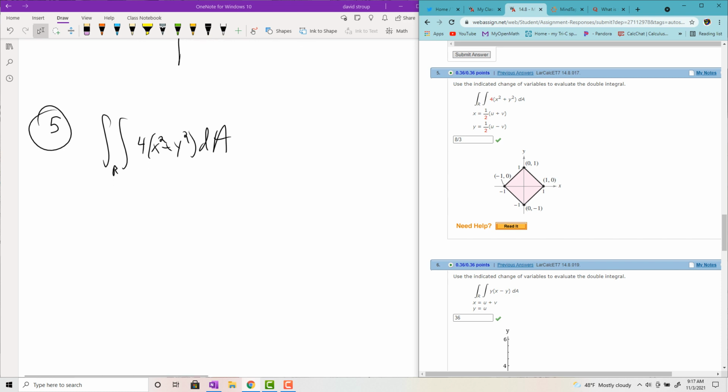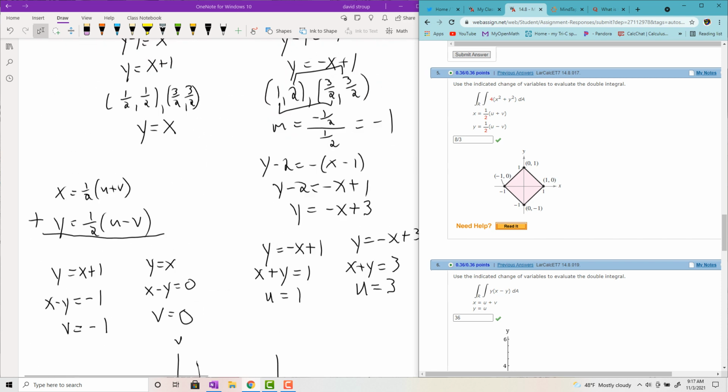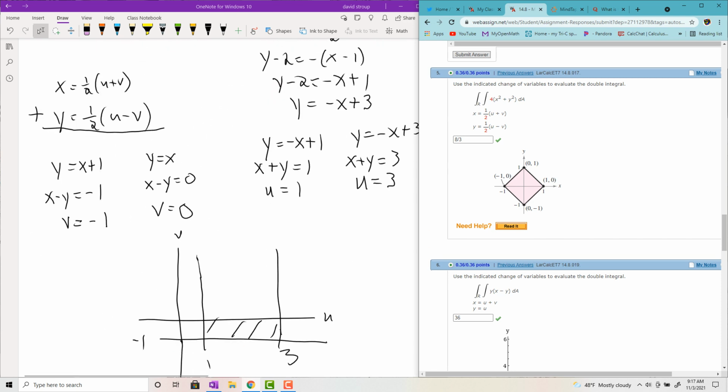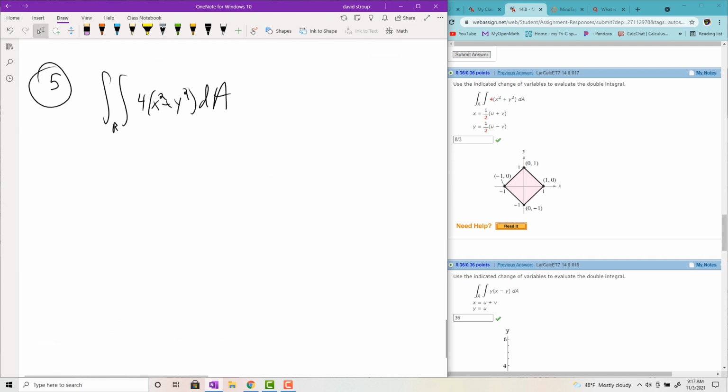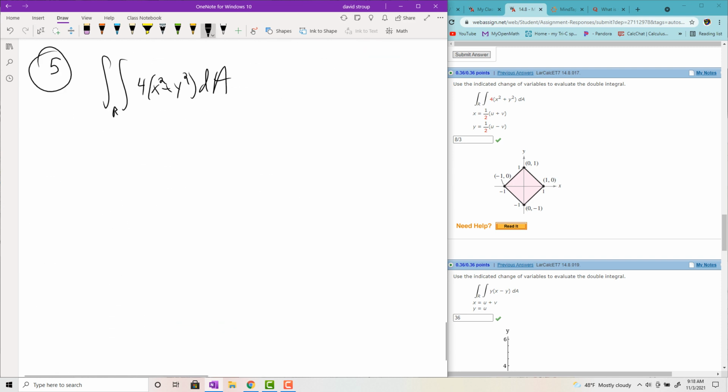In order to get your bounds on your integral, you're going to have to do this conversion that we've been doing up here. Because v equals negative 1, v equals 0, those are going to be the limits on your new integral. So you have to go through that process anyways. So for our x, y picture, I have all these lines.